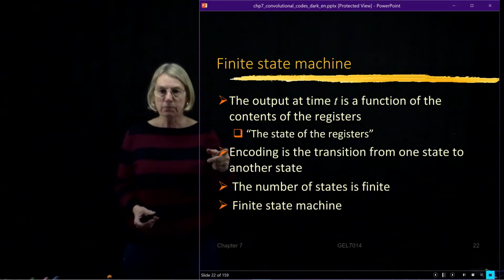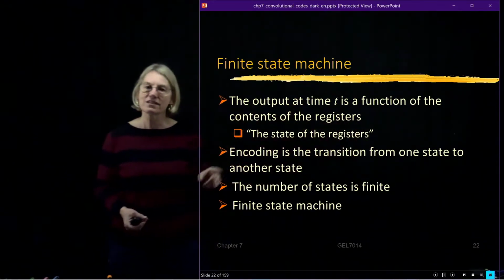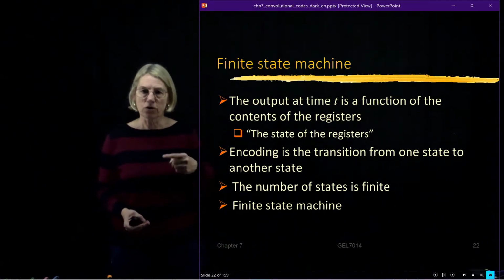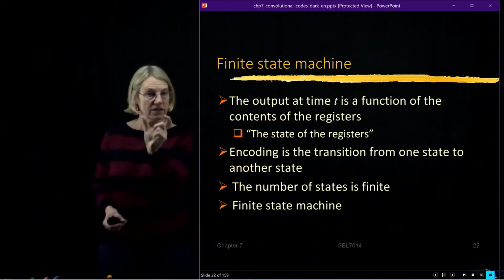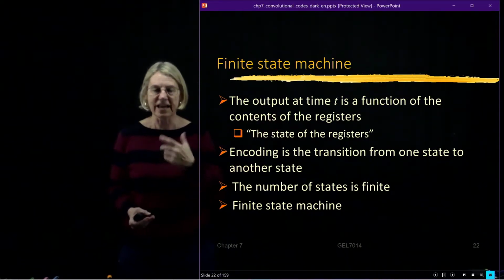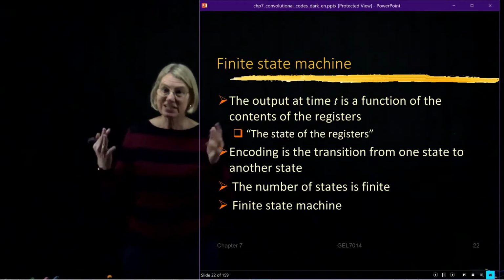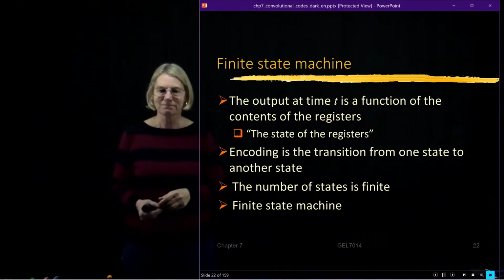So the encoding process you can think of as being a transition from one state to another state. So we're going to think about the encoder stepping through different states based on looking at the entries of the shift register. Of course, the number of shift registers is finite, which is why we have a finite state machine.